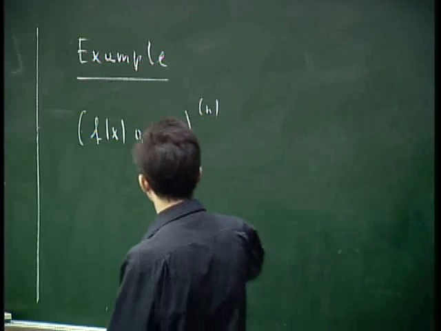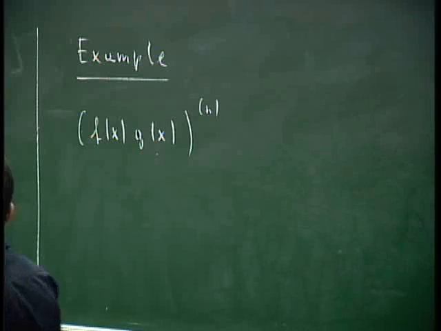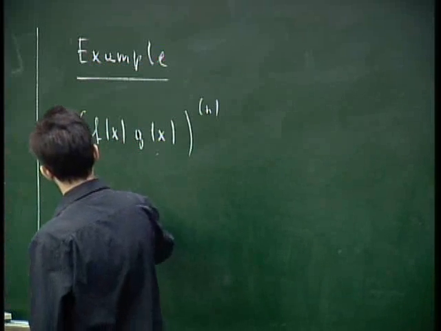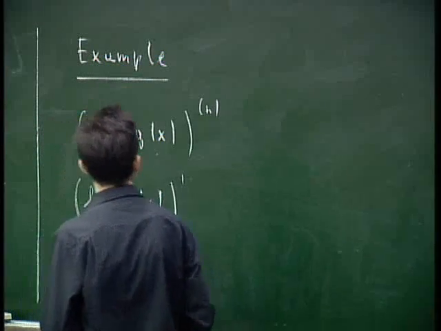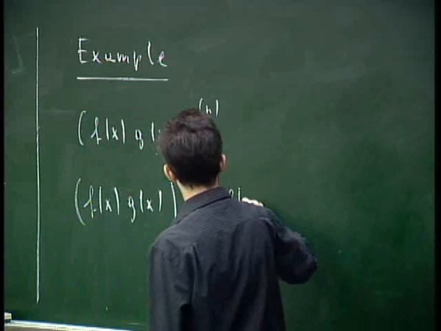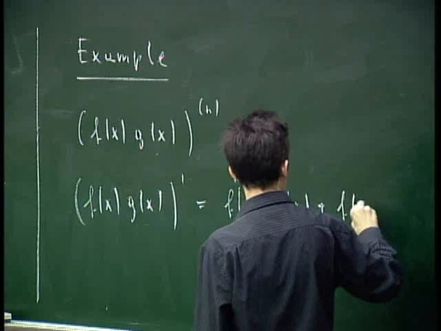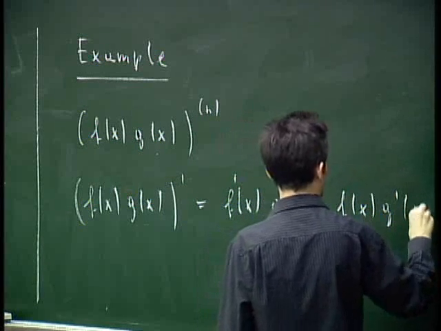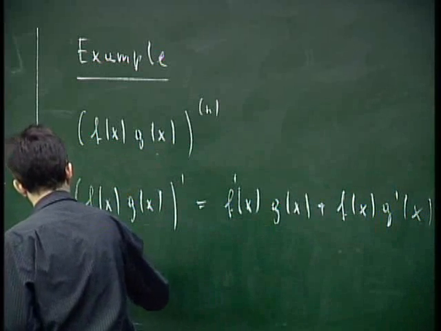This will be a generalization of the product rule. Now you start with the case n is equal to 1, which is just the ordinary product rule.